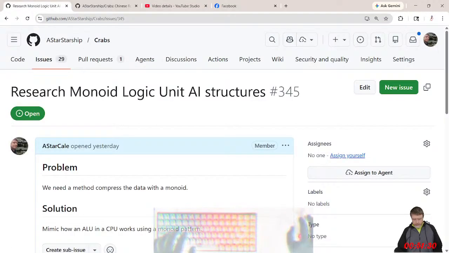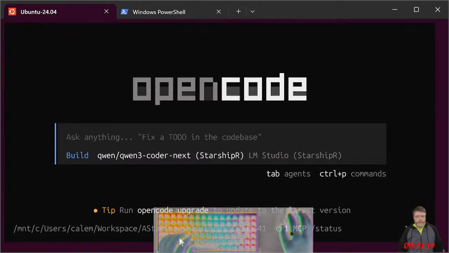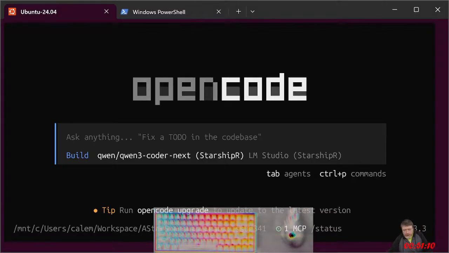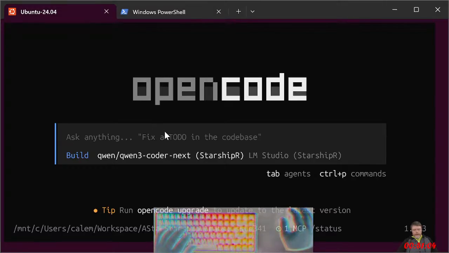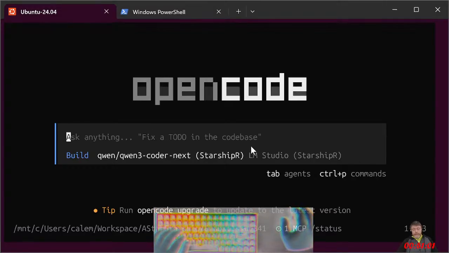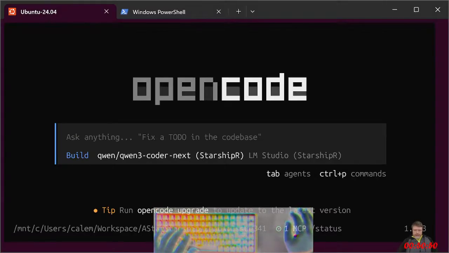So now we're going to go into looking at the Monoid AI. Maybe there's something that I could do with the open code? I can't really think of anything though. When I'm doing stuff with the local LLM vibe coding thing while I'm doing everything else with like Studio, you've got to buffer off which module, which agent is working on what, because you don't want them editing the same files at the same time.